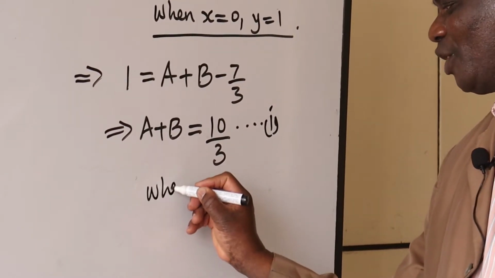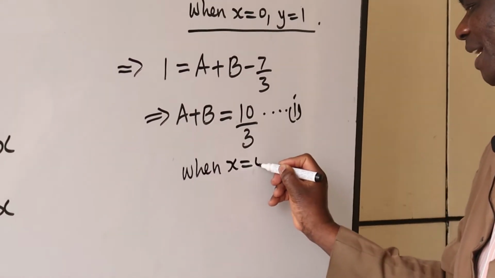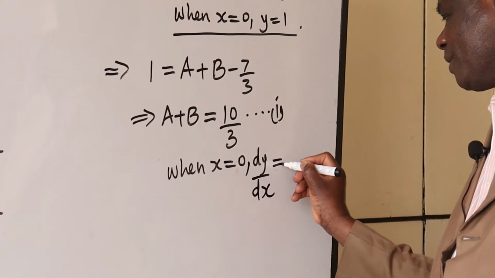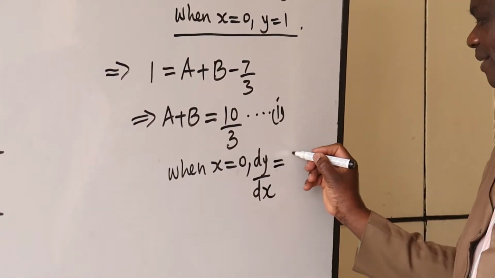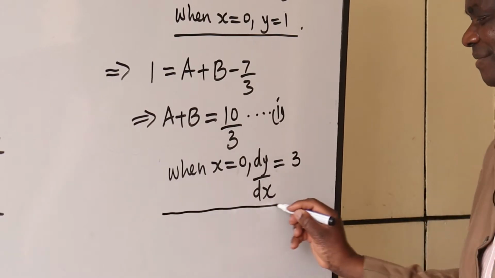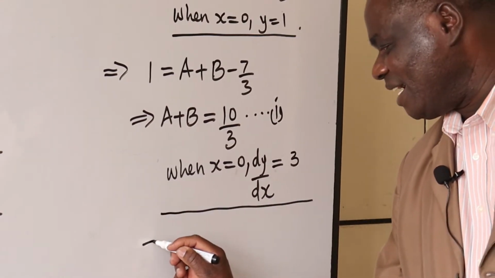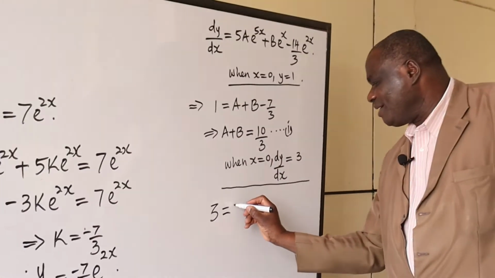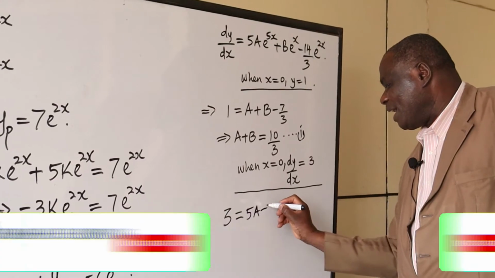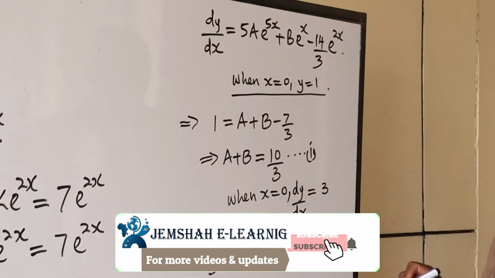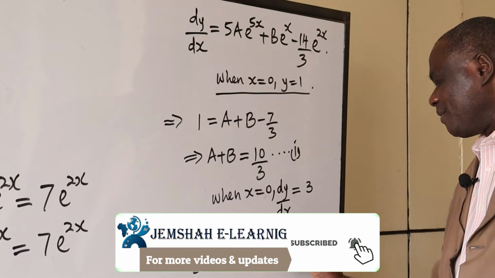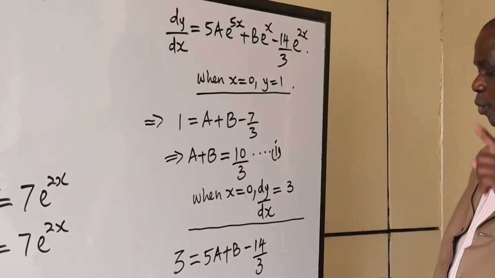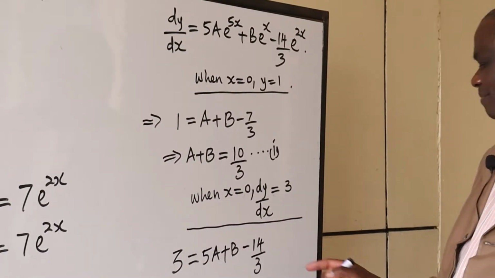We go for another condition. When x is equal to 0, dy dx is equal to 3. So we say 3 is equal to, from this expression, 5a plus b minus 14 all over 3, that is when x is equal to 0.